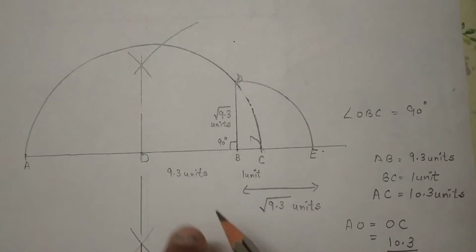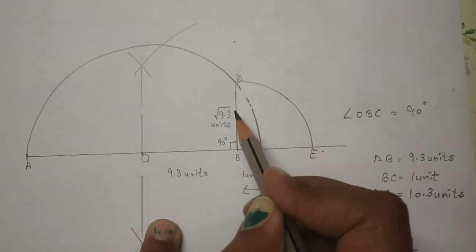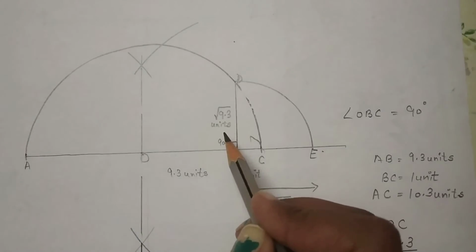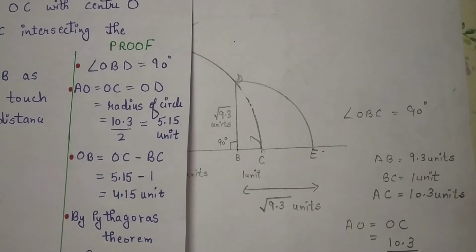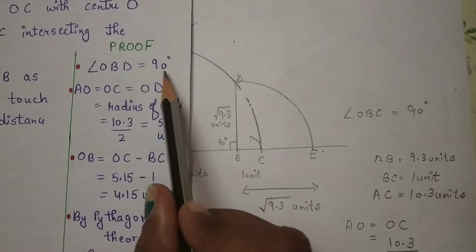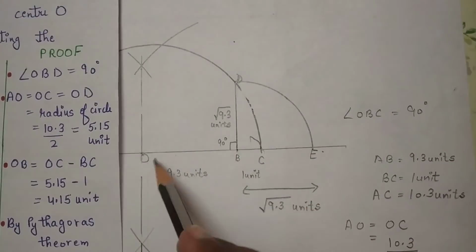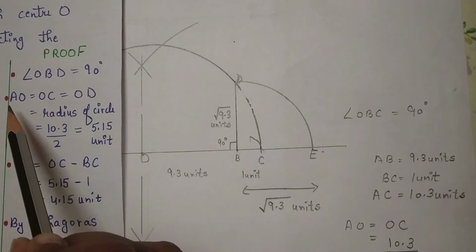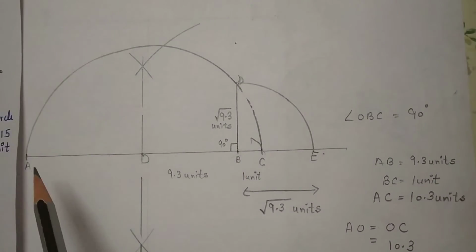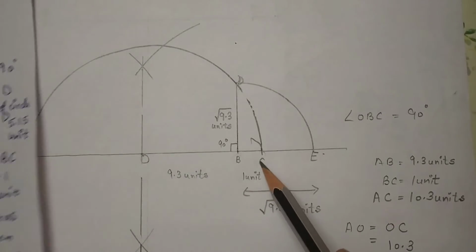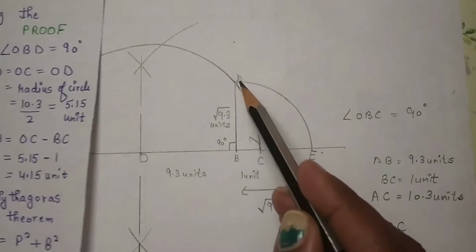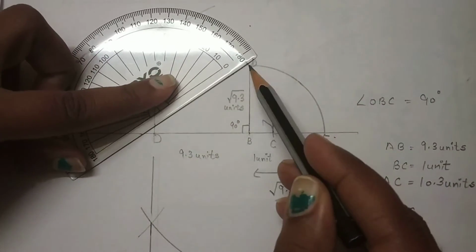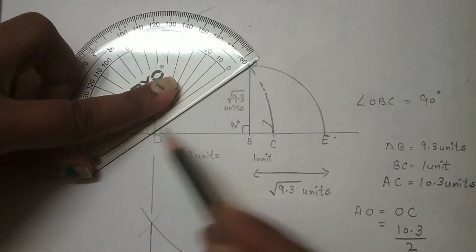Now how is this BD root 9.3 units? To understand this we need to do a proof. Let us start with the proof. Angle OBD is equal to 90 degrees. Yes, right. OBD is 90 degrees. Then AO is equal to OC is equal to OD, because these are all the radii of this semicircle.